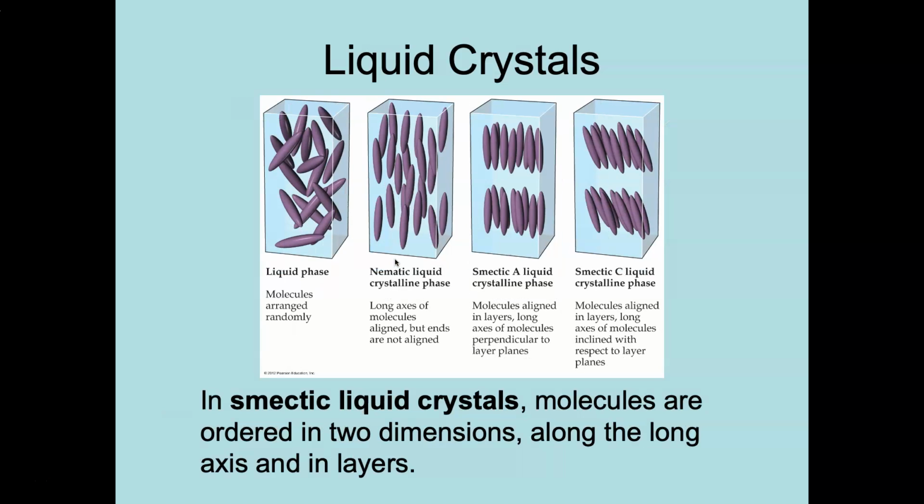The smectic liquid crystals are going to be ordered in 2 dimensions, and they're going to be in layers, so they're a little bit more ordered, if you will. And they are going to be ordered in either an A or a C way. The A way has them all perpendicular to the layer planes. The C way has them inclined relative to the planes, as you can see in these diagrams.